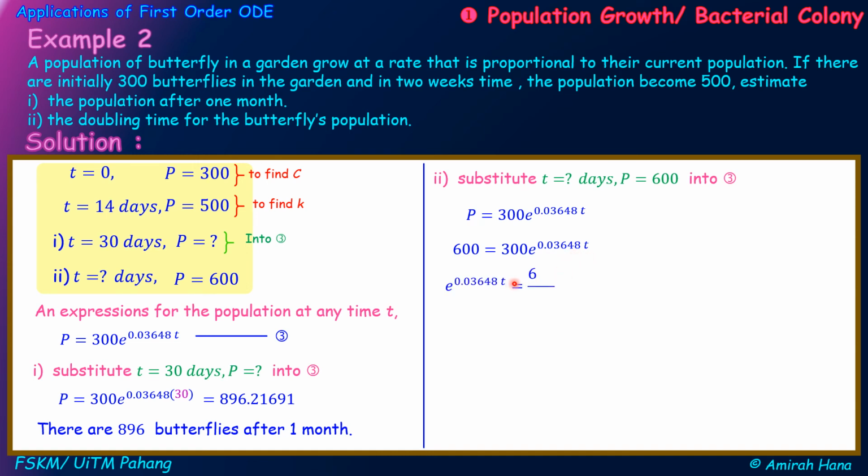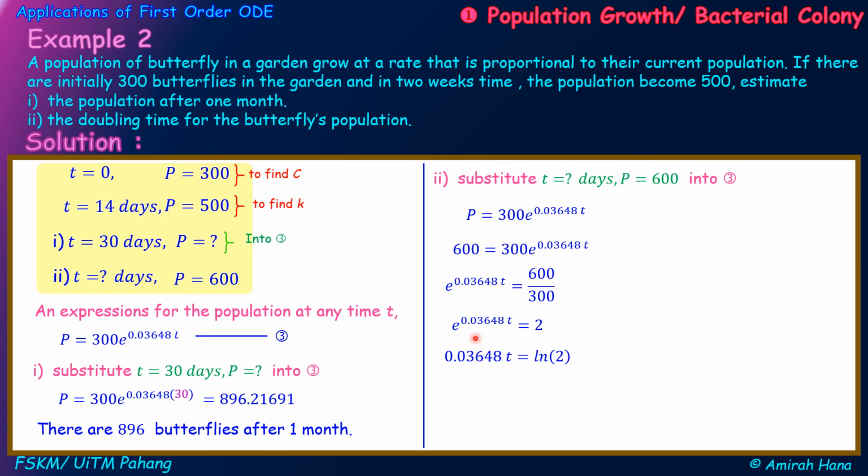Then we have e to the power of 0.03648t equals 600 over 300, as we move 300 to the left hand side. Then we get e to the power of 0.03648t equals 2. 2 here because it is the doubling time, so we get back 2 because it doubles from the original value.